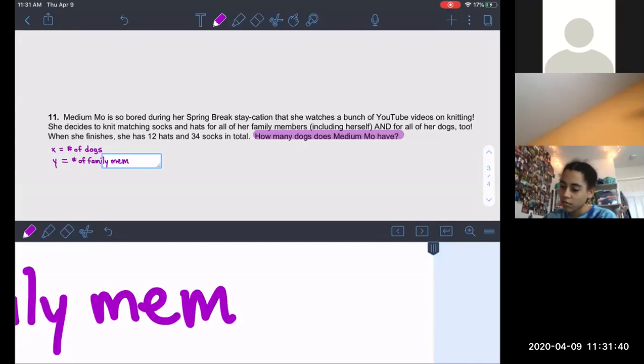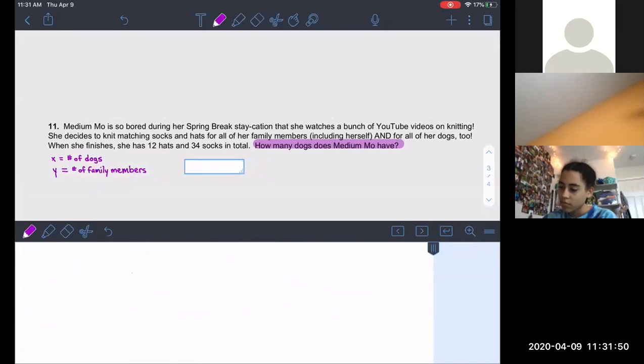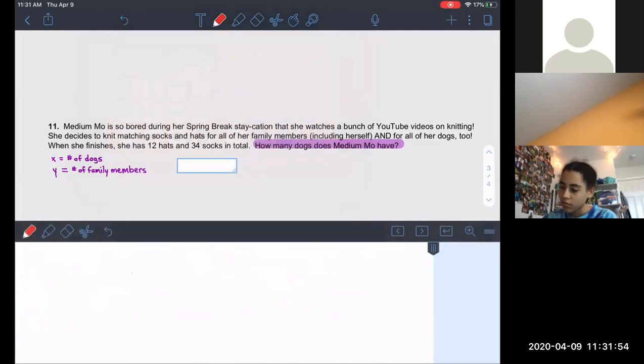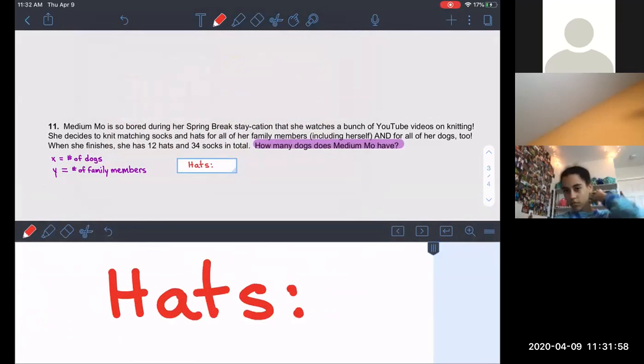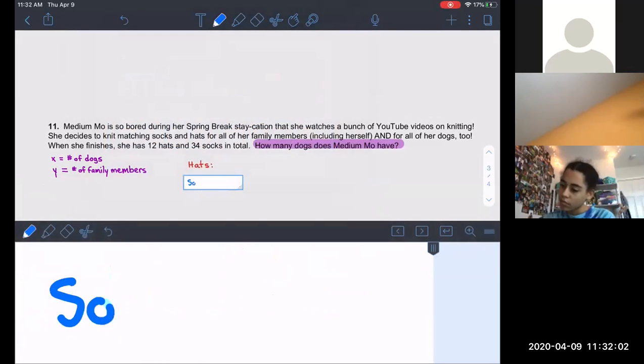Because if she's making hats and socks for all of her family members and her dogs, we need to have an expression for both of those things. Okay, so the two equations we're gonna write, I'm gonna color code them just like I did before. One is for the number of hats she's making, and the other one, in blue, is for the number of socks she's making.